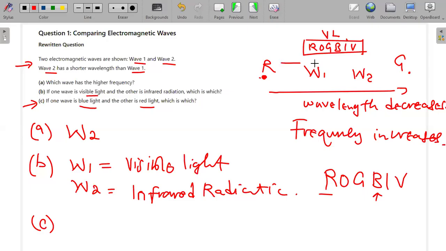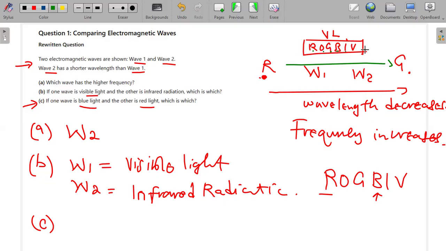As I pass through the visible light, the wavelength is decreasing, so even for these individual colors it follows the same trend. The wavelength of this is greater than this, and this is greater than this, just like that.